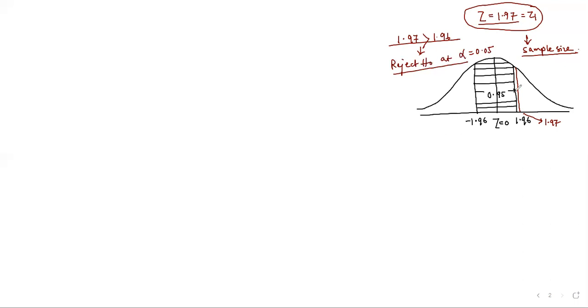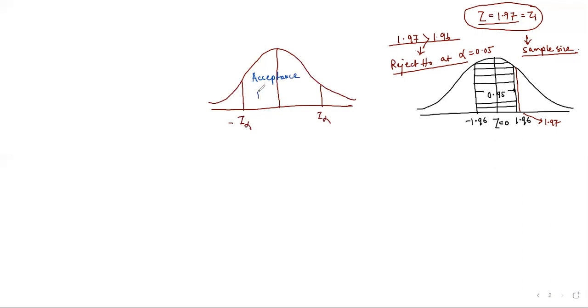It is happening because you already know that there are two sorts of region in this type of problem. One region is called the acceptance region, another region is called the rejection region. Suppose this is my acceptance region. I am denoting this by minus z alpha to plus z alpha. And suppose this is my rejection region.